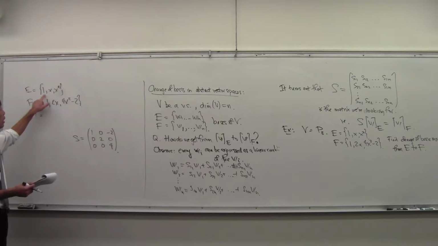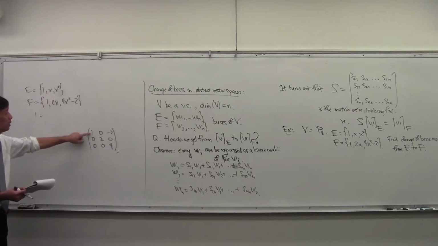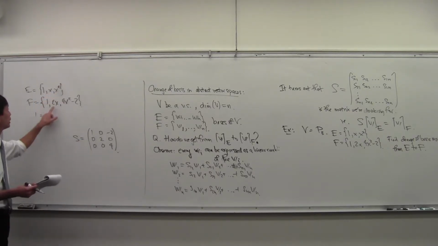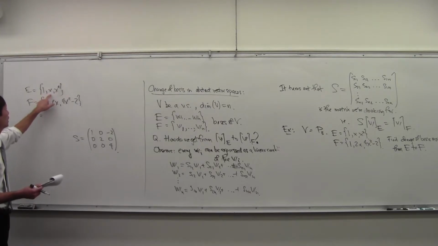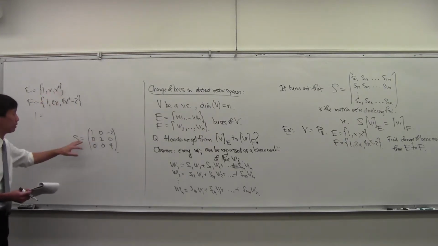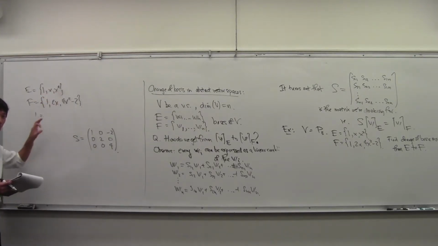Well, 1 is certainly 1 of this guy, 0 of this guy, and 0 of this guy. So you take 1, 0, 0. 2x is certainly 0 of this, 2 of this, and 0 of this: 0, 2, 0. This one is certainly negative 2 of this guy, 0, and 4 of that guy. So that's the perfect matrix to go in the opposite direction.